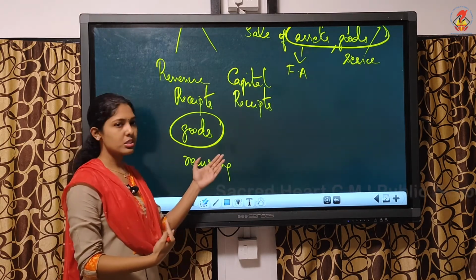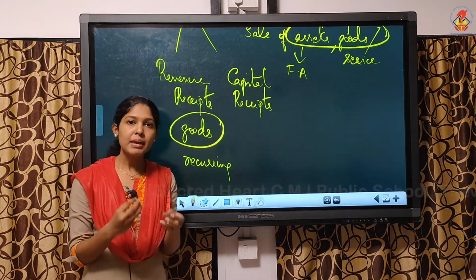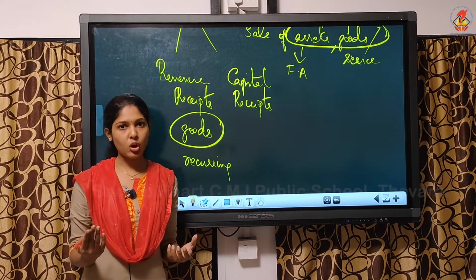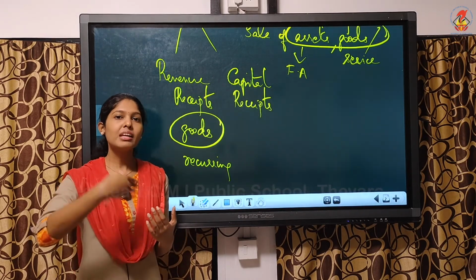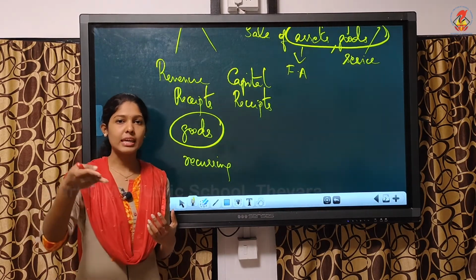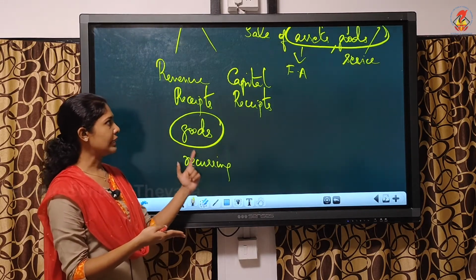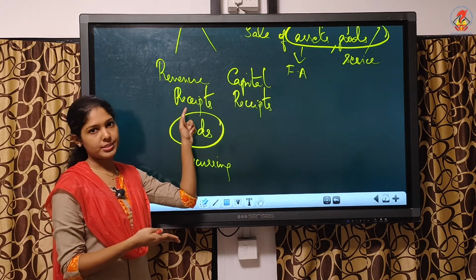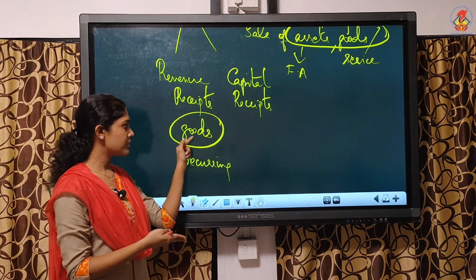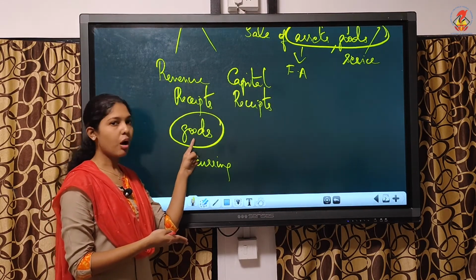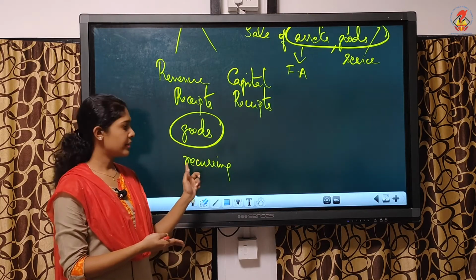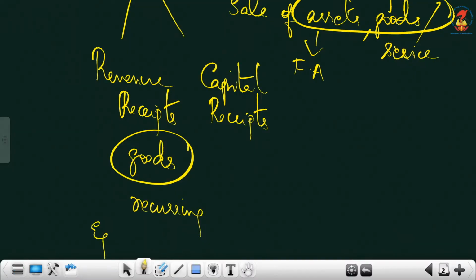Sale of goods or services is the main activity of every business organization, so that will be recurring in nature. So these are the points which you have to include under revenue receipts. It is the amount received or receivable against sale of goods or services, and it is recurring in nature. Example, what you can write is the same thing, that is sale of goods. That is one example.